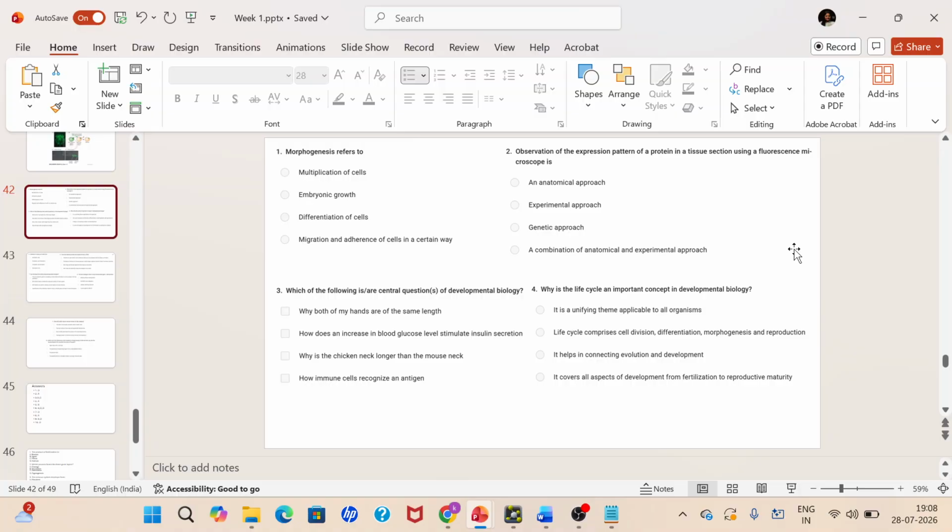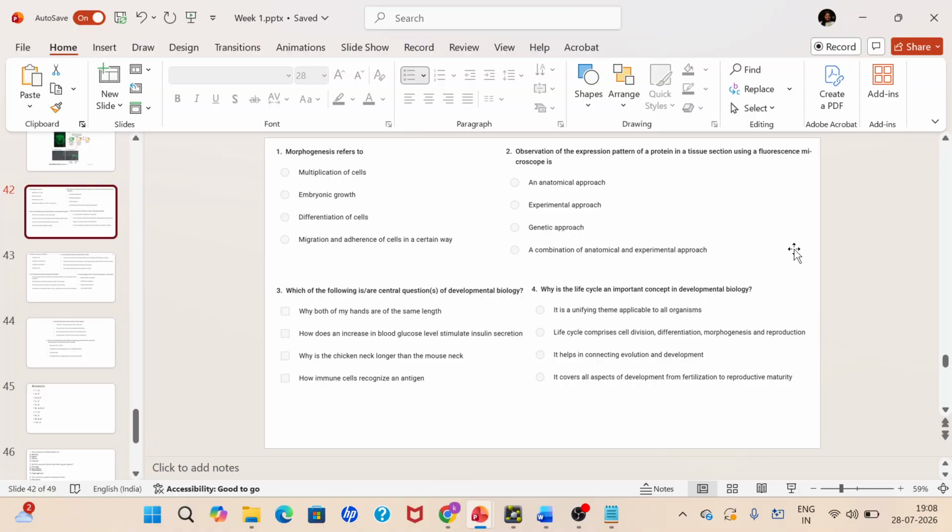According to me, the answer is A, because it is a unifying theme applicable to all organisms. Obviously, life cycle means that it covers all aspects of the development from fertilization to reproductive maturity. That is right. But it is important because it is a unifying theme applicable to all organisms.